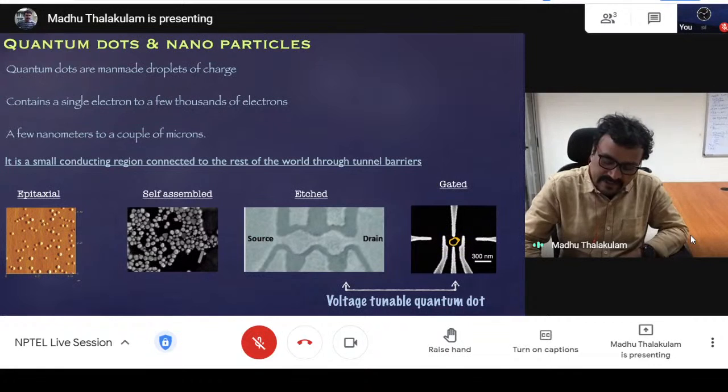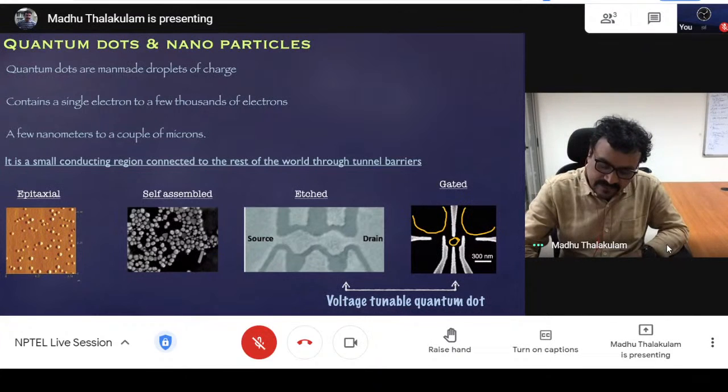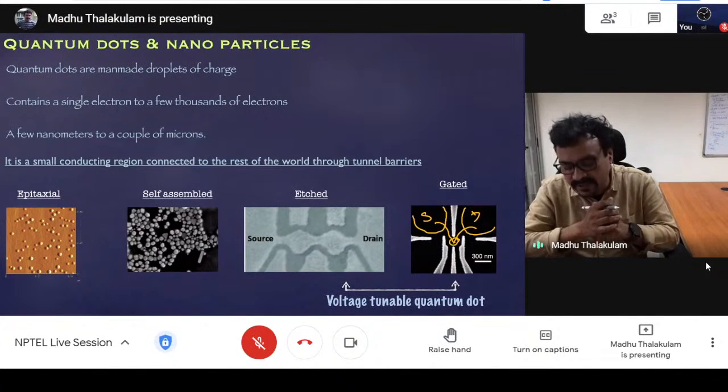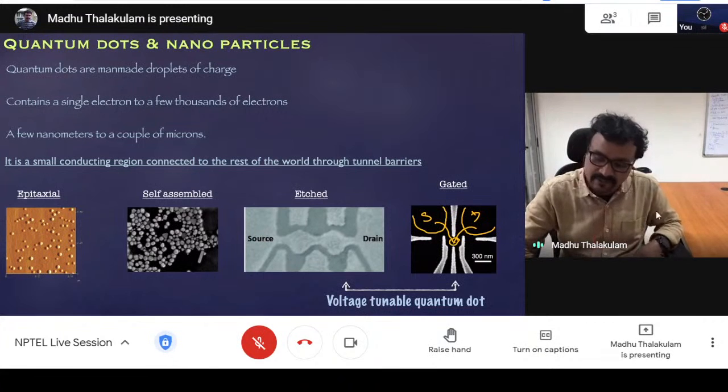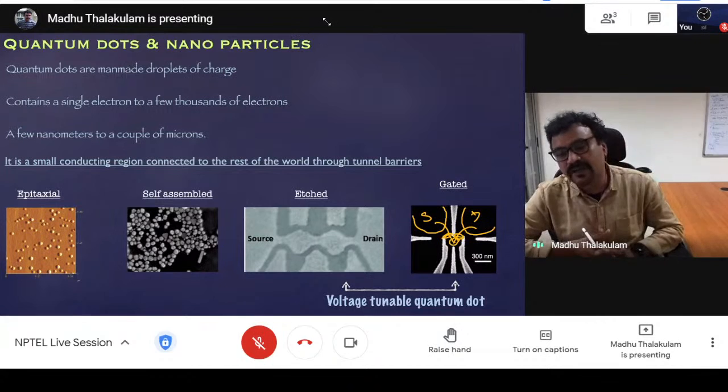This region you can think of as the source, this region as the drain, and electrons can go from the source to the drain through this small confined region. When you apply voltages onto all these gates, you make a constriction here and another constriction here, and these constrictions serve the purpose of tunnel barriers.